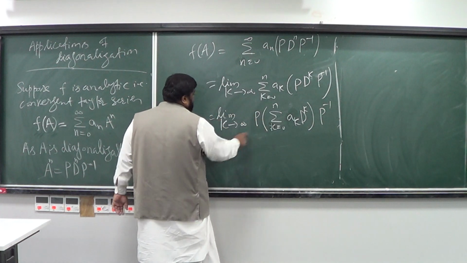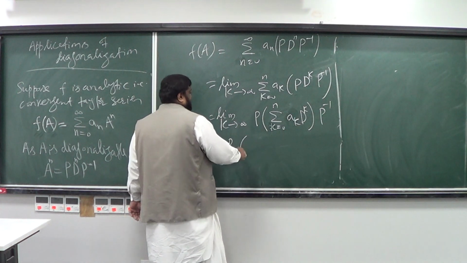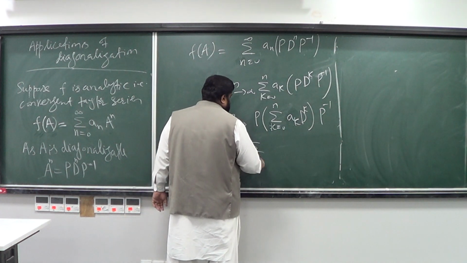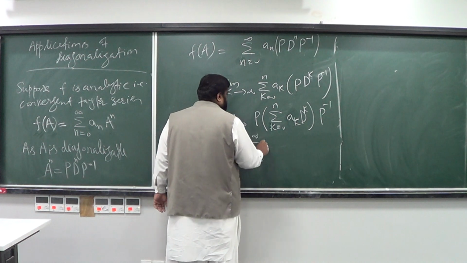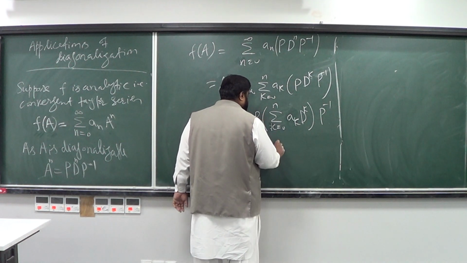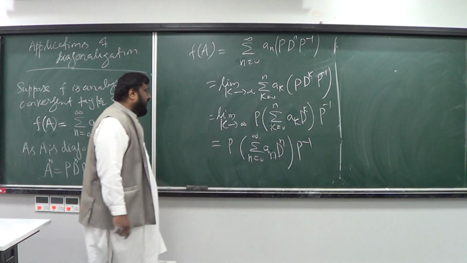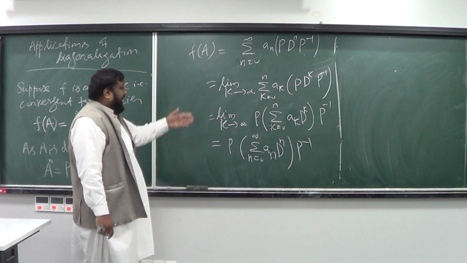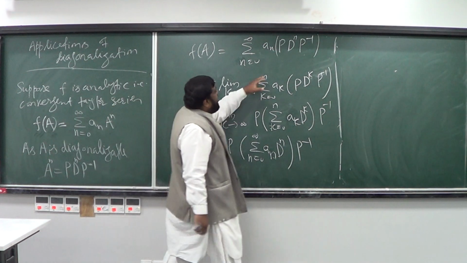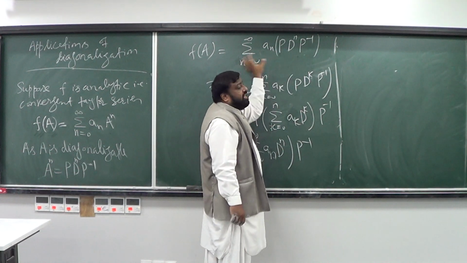And if I wish, I can rewrite this series again as this infinite series, sum n equal to 0 to infinity of a_n, P, D to the power n, and P inverse. By the way, why did I do these two steps? Because I'm not allowed to pull the P and P inverse out of an infinite sum.